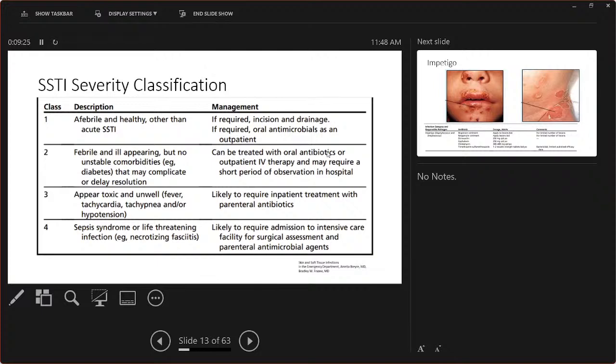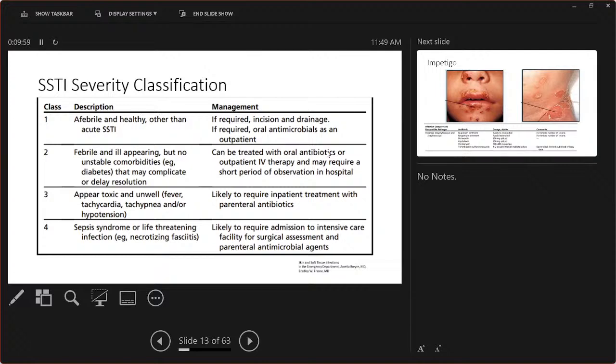The skin and soft tissue severity classification is also important, especially for the disposition of the disease. Class 1 is when the patient is coming with only an abscess, afebrile and healthy; we can do an incision and drainage and send the patient back home.